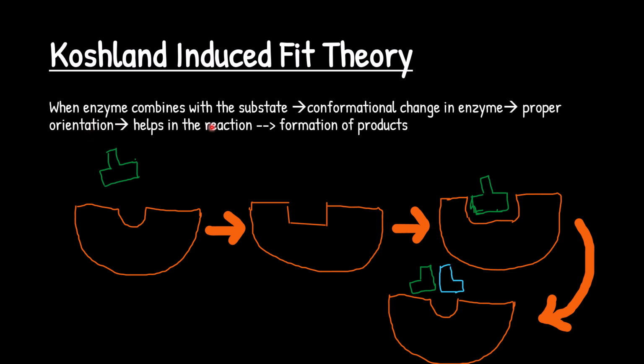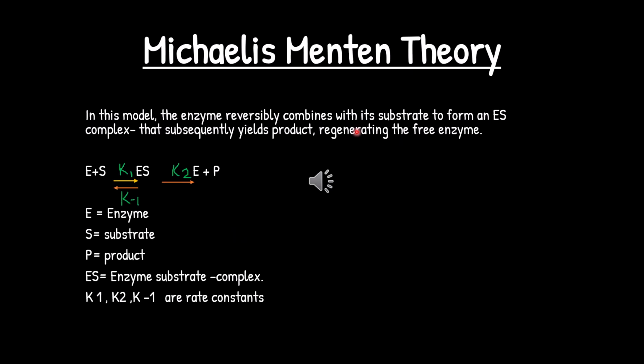So when the enzyme combines with the substrate, it leads to a conformational change in the enzyme, which leads to proper orientation, which helps in the reaction and which leads to formation of product. The fourth one is the Michaelis Menten theory.